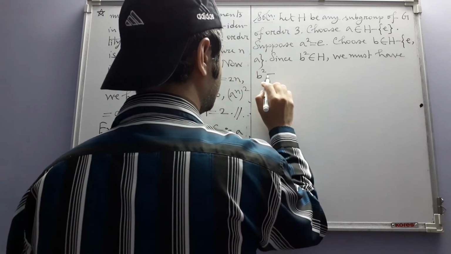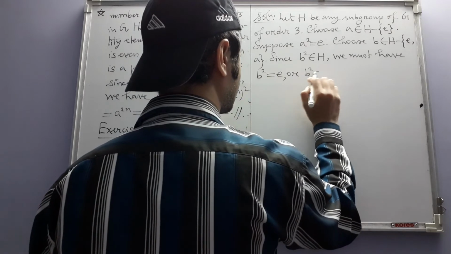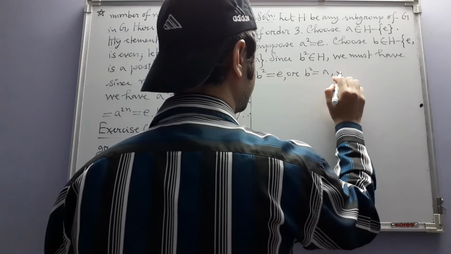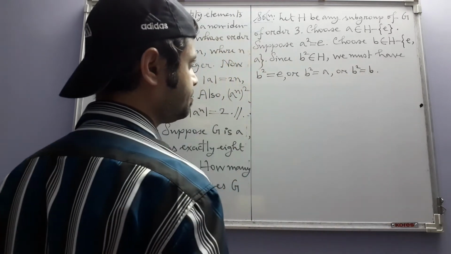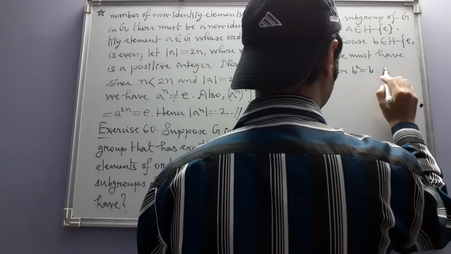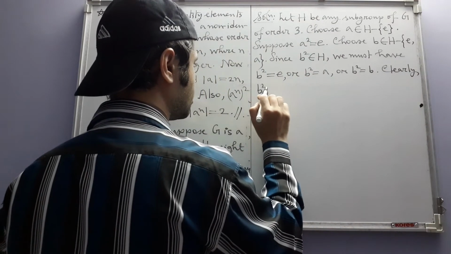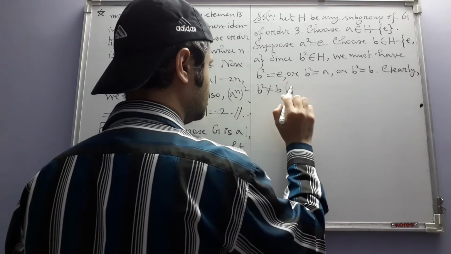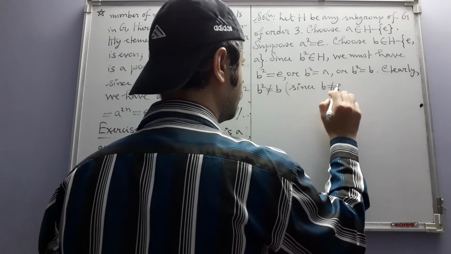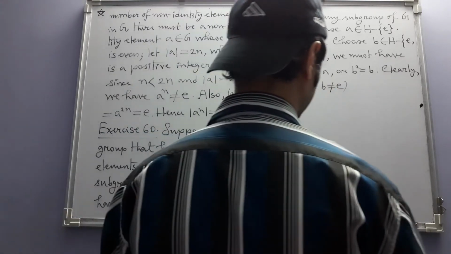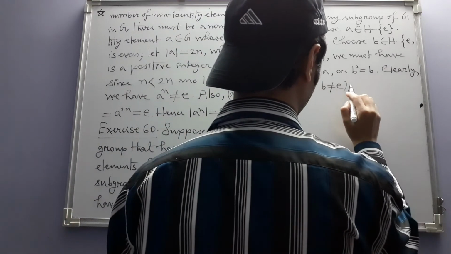We must have B square equal to E or B square equal to A or B square equal to B. Clearly, B square is not equal to B, since B is not equal to the identity by the cancellation law. Otherwise, we will have B equal to identity.